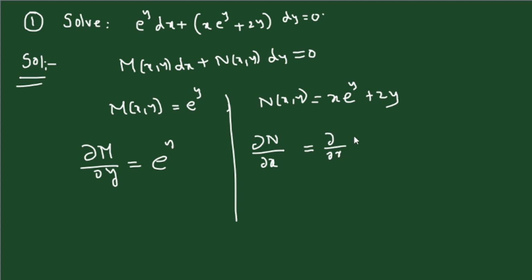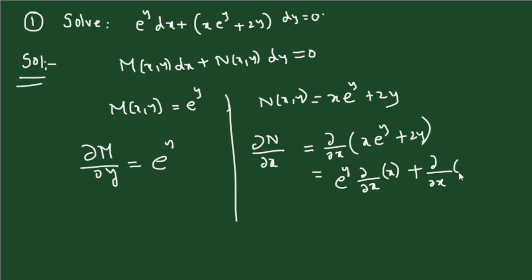Dou by dou x of n, where n is x e power y plus 2y. Because we are differentiating with respect to x, e power y becomes constant, so you can take it out. You can take e power y out and write dou by dou x of x, plus dou by dou x of 2y.